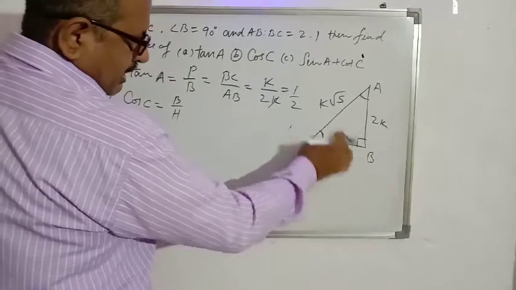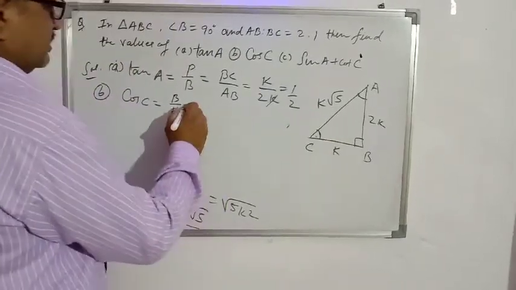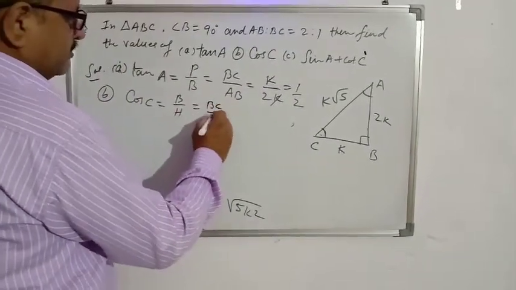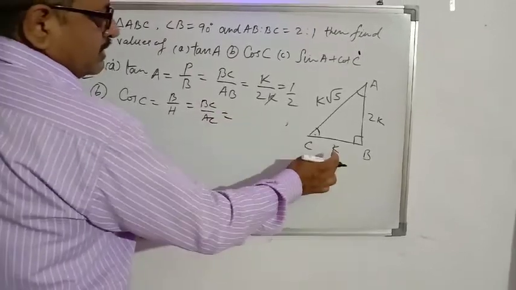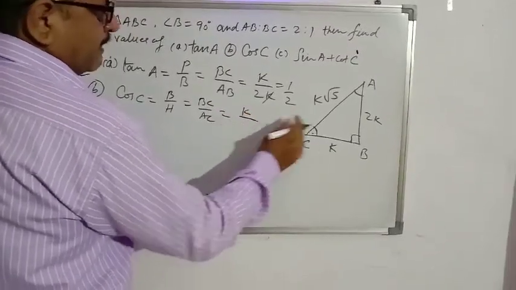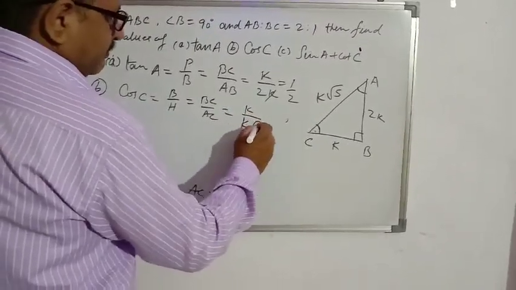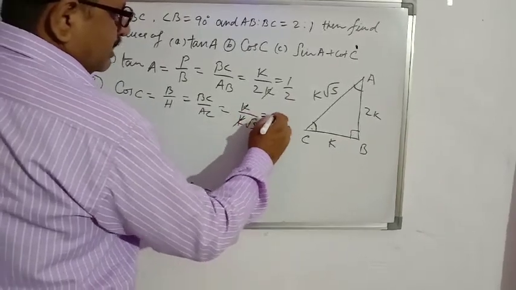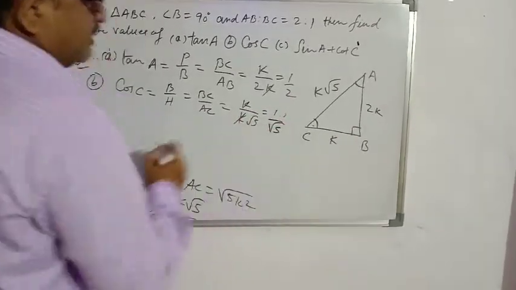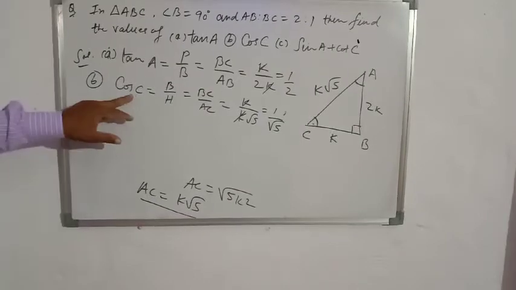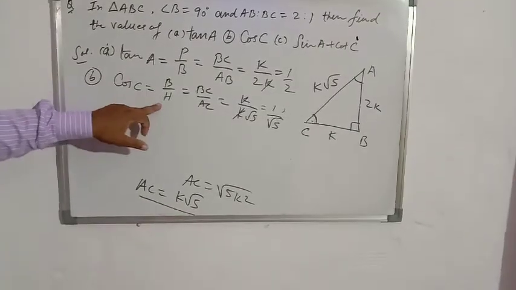So base upon hypotenuse, BC upon AC. BC is K, AC is K root 5. Again K cancels. We will get 1 by root 5. It is cos C.